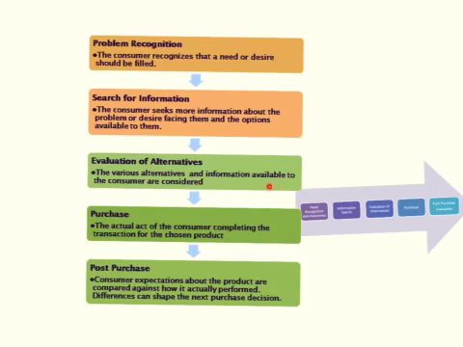The information available to the consumer is considered. This step we call evaluation of alternatives. After they have a lot of choices and evaluate each choice, which one is an advantage or disadvantage for them, then the next step is purchase.